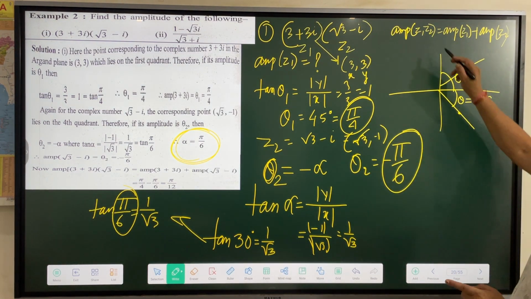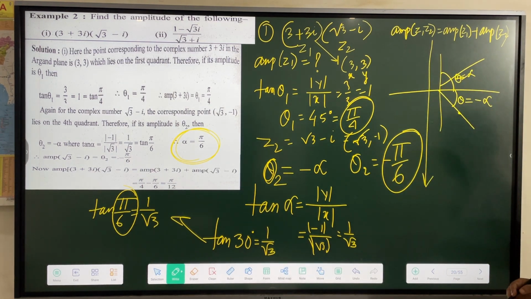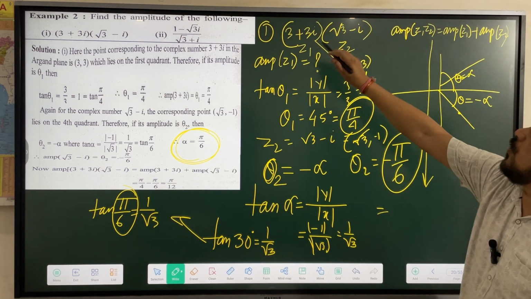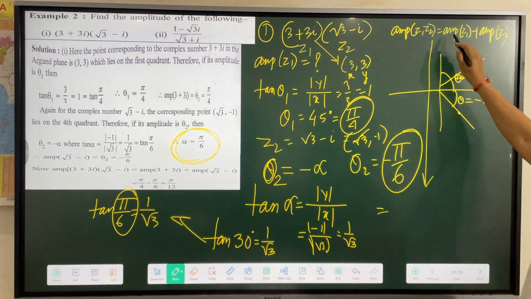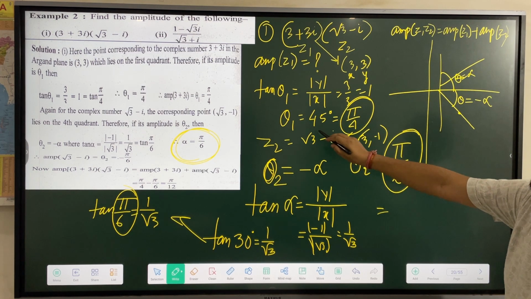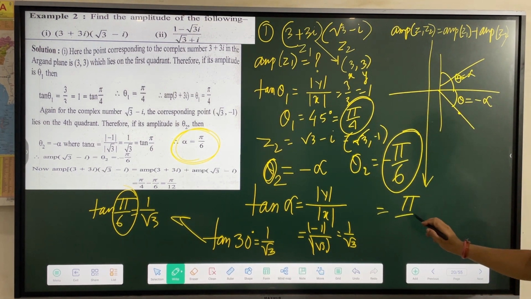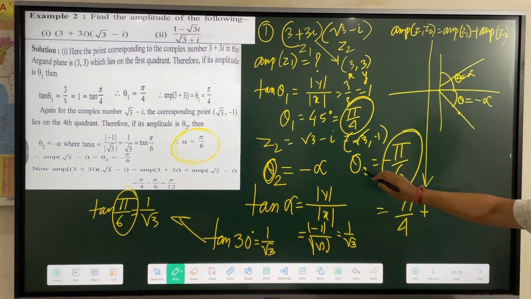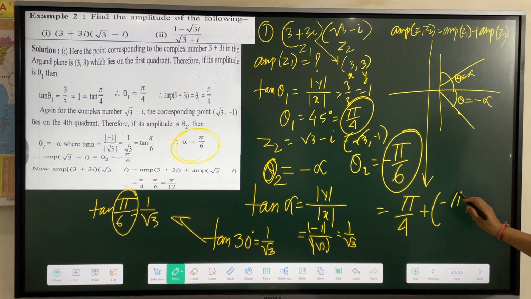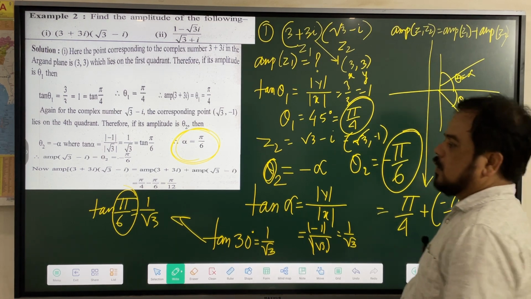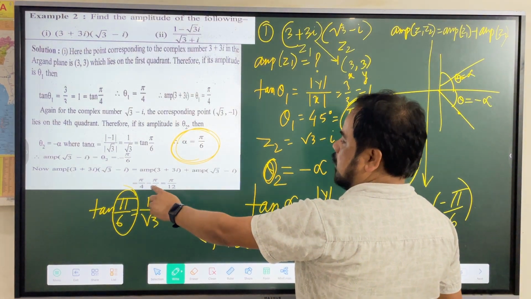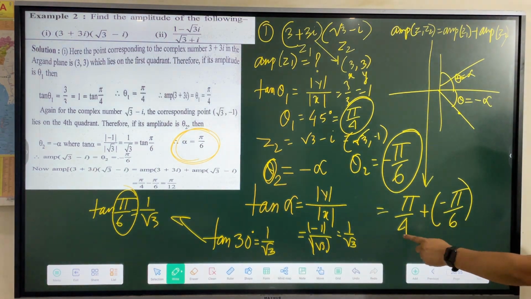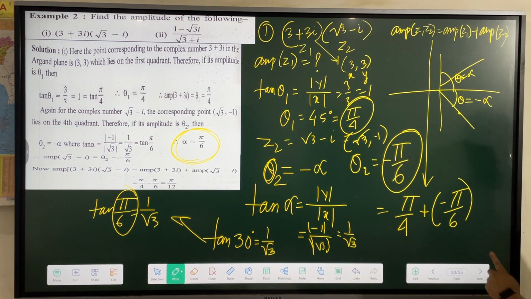Now we will go to the formula. The amplitude of Z1 into Z2 equals the amplitude of Z1, which is pi by 4, plus the amplitude of Z2, which is minus pi by 6. Pi by 4 plus minus pi by 6, then the calculation is done. You understand that. Here plus minus 4 and 6, LCM 12, then it is done. You can see that.